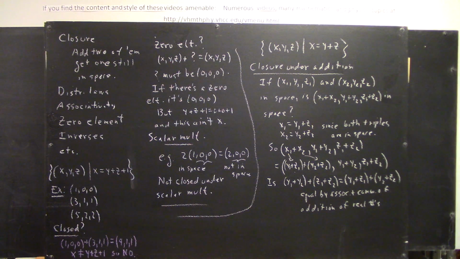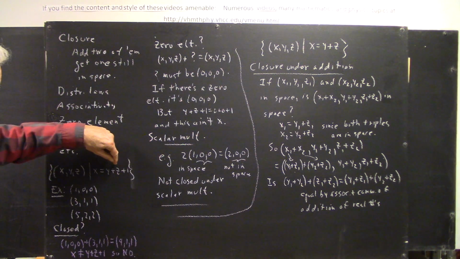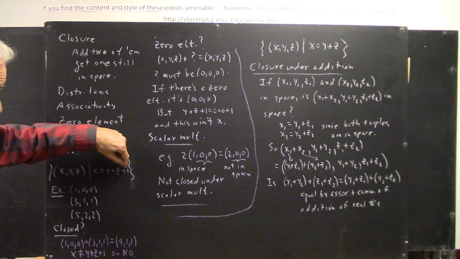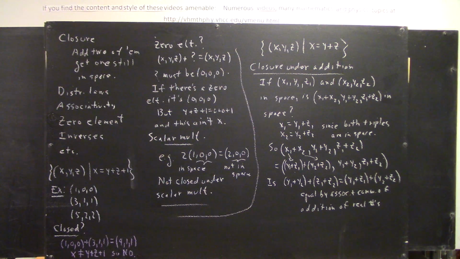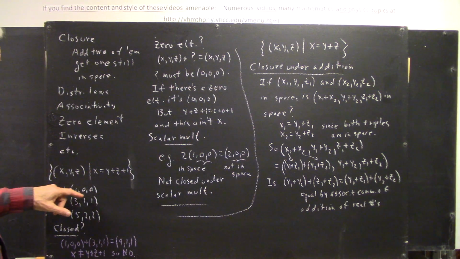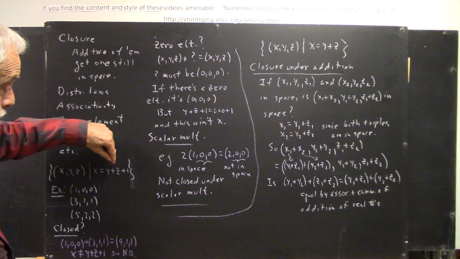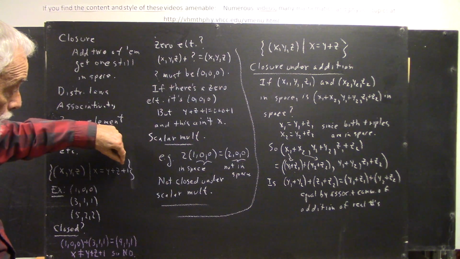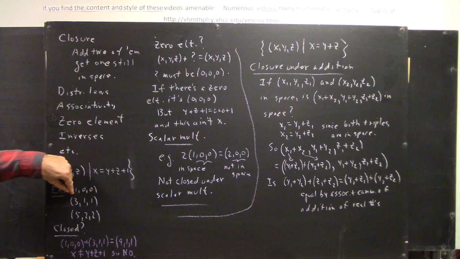A few of the examples we had were 1, 0, 0, because y is 0, z is 0, y plus z plus 1 is 0 plus 0 plus 1, and that's what x has to be, and that's what x is. Another example, 3, 1, 1. Y is 1, z is 1, so y plus z plus 1 is 1 plus 1 plus 1, that's 3. And sure enough, x equals 3.